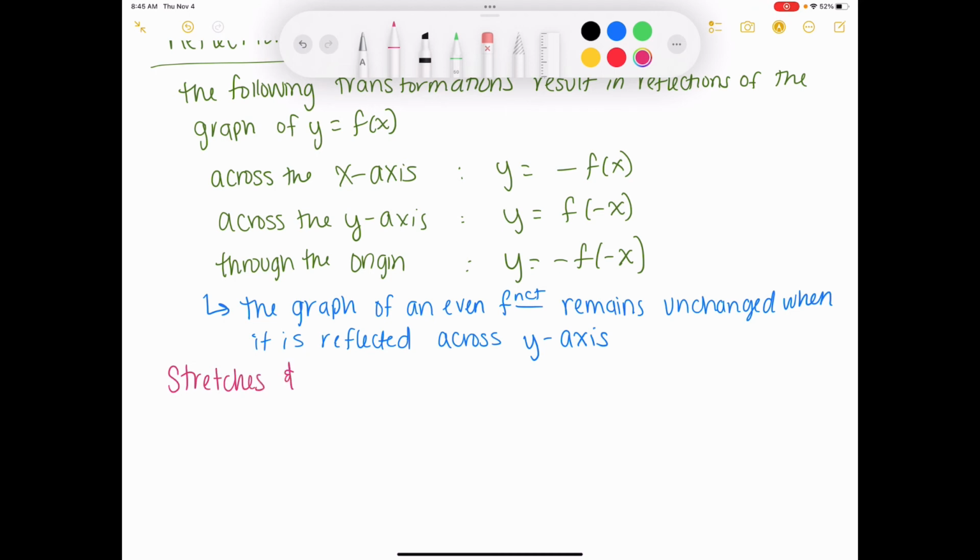Stretches and compressions. Let c be a positive real number.